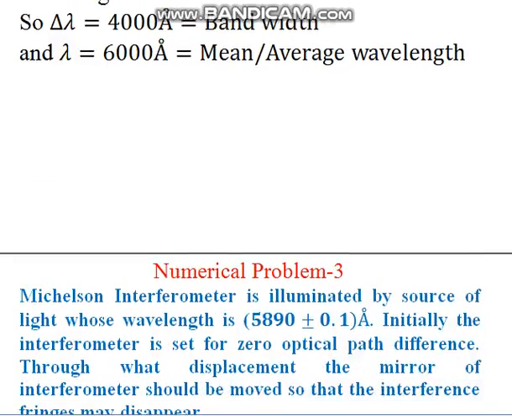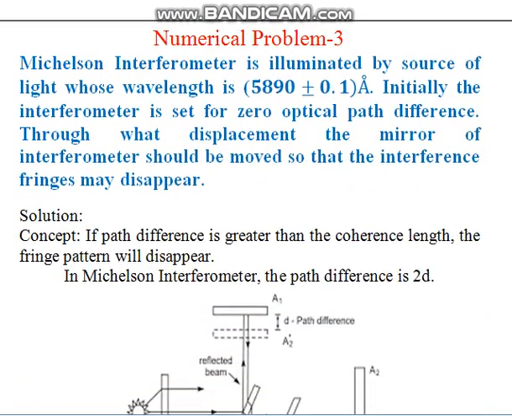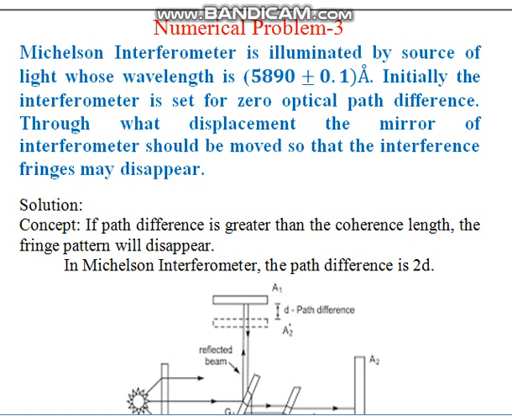Now let's come to numerical problem 3. The question is: a Michelson interferometer is illuminated by a source of light whose wavelength is 5890 plus or minus 0.1 angstrom. This is the wavelength of sodium light, and plus or minus 0.1 is the error in this wavelength.